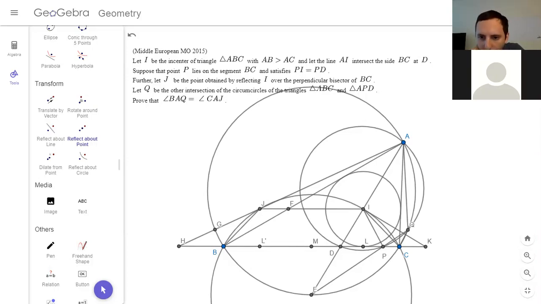That's the thing. Maybe it can be done with similar triangles. I'm not sure, but it doesn't look that easy to me.